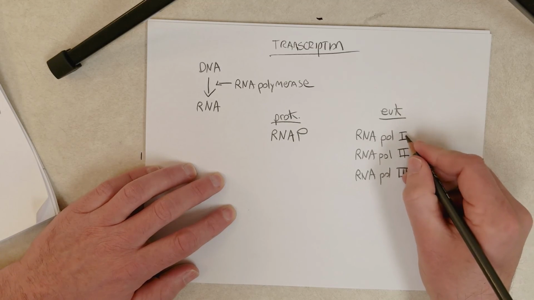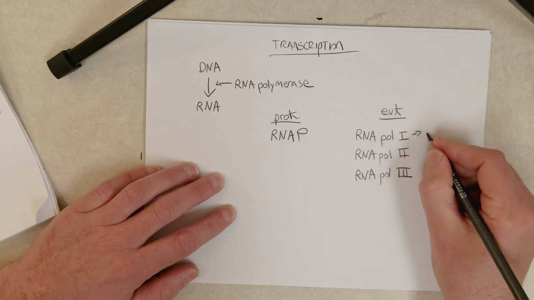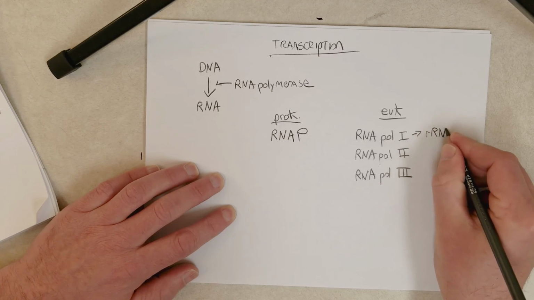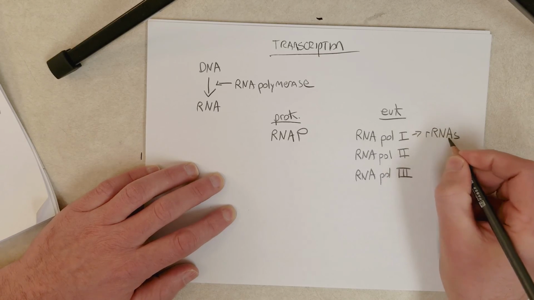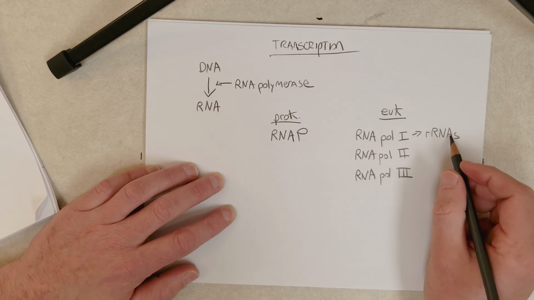Now, RNA polymerase 1 in eukaryotes is in charge of transcribing most of what we call ribosomal RNAs, so rRNAs. These are RNAs that fold into a certain structure and help form the ribosomes.